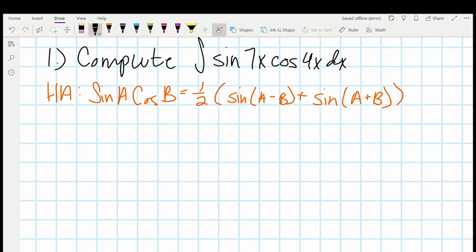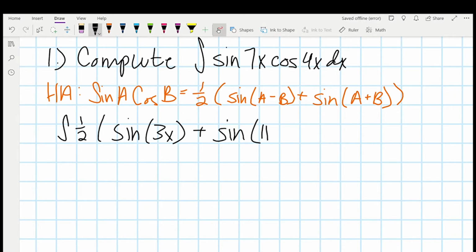Applying this to our integral, we can rewrite it as the indefinite integral of 1/2 times sine of 3x plus sine of 11x dx.